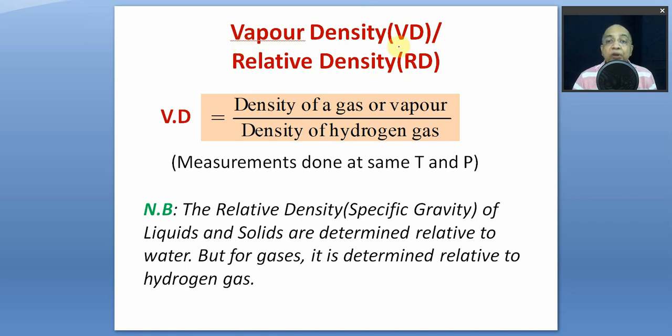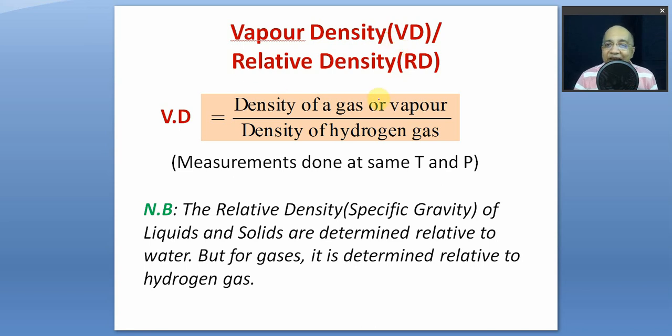It is called vapor density. Just like specific gravity is a unique name for solids and liquids, not for gases, similarly, for gases, the specific name of relative density is vapor density, VD. It sounds a little unconvincing, vapor density, but vapor density is nothing but relative density.